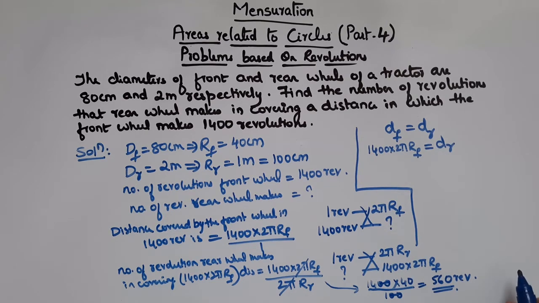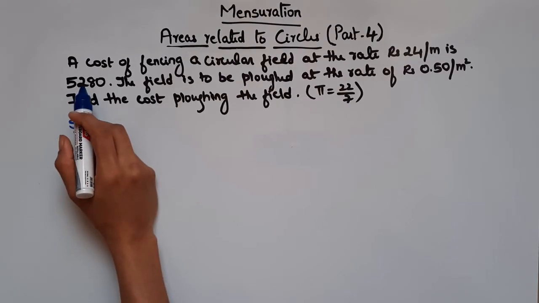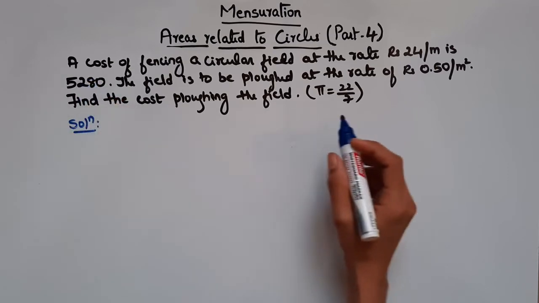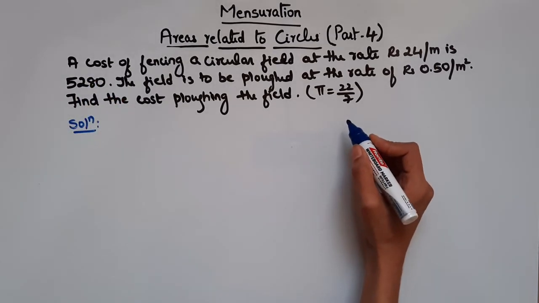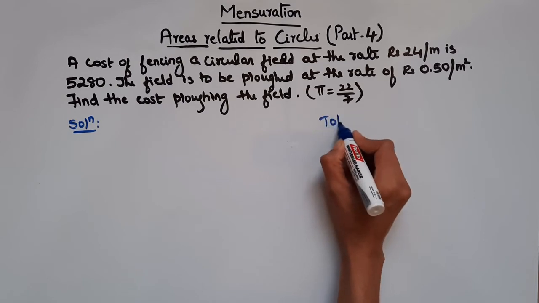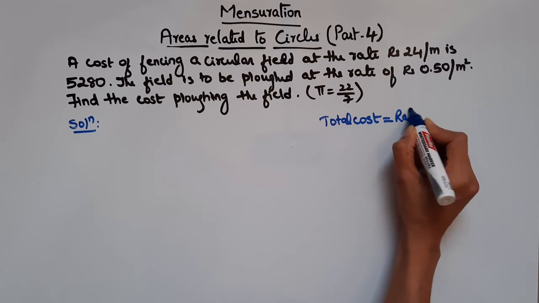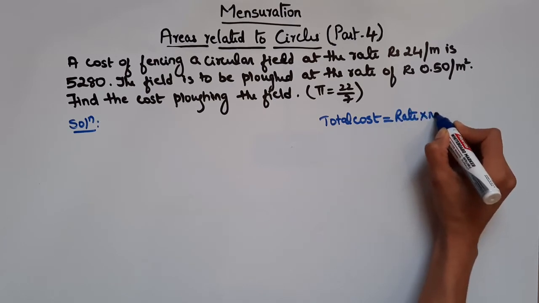Now let's see one more problem. So now let's see this problem which is based on rate. So before going to the problem, first let me tell you the relationship between total cost and the rate. So total cost is equal to rate into number of quantity.